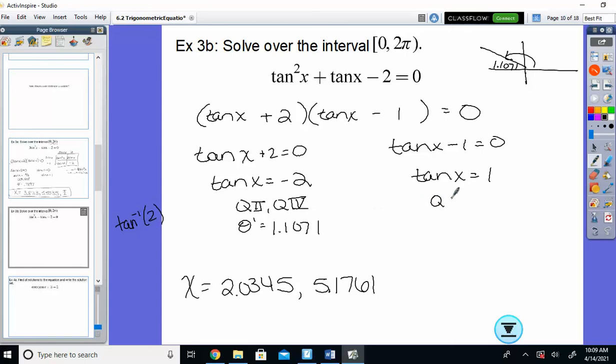When is tangent positive? In quadrant 1 or 3. Reference angle. We don't need a calculator for this. When does tangent equal a 1? Pi over 4. So pi over 4 in quadrant 1 is pi over 4. In quadrant 3, remember in quadrant 3 the top is 1 more, so that would be 5 pi over 4.